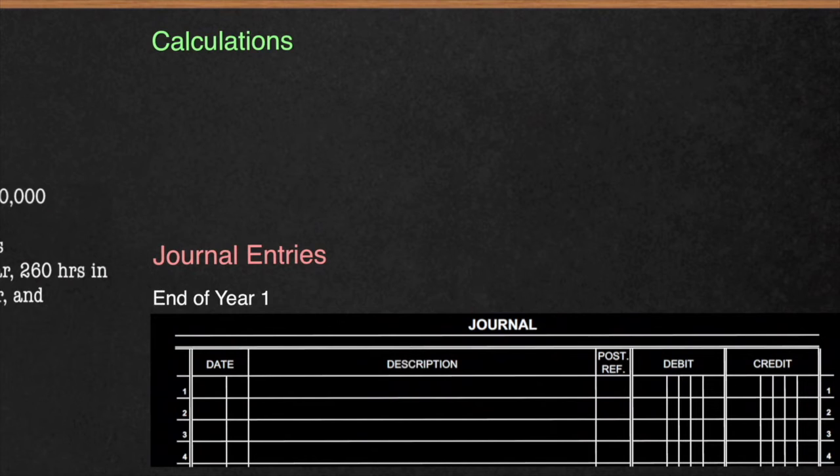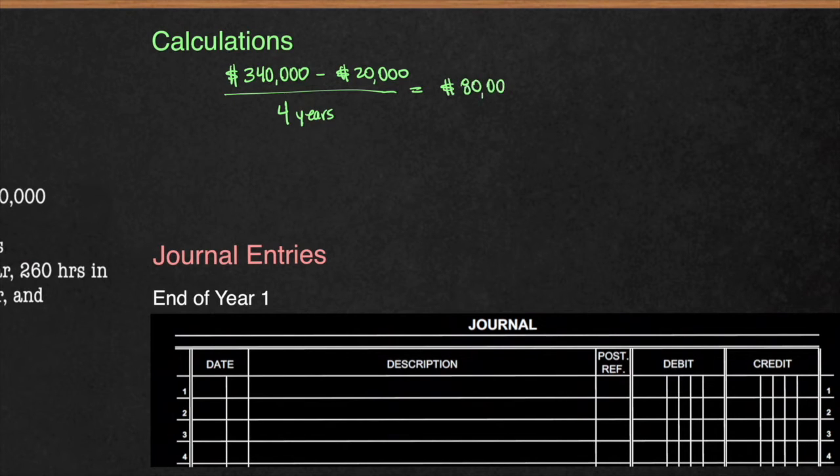So here's our calculation. Let's take the cost. The cost right now is $340,000. The residual value is $20,000, and its useful life is 4 years. 340,000 minus 20,000 is 320,000 divided by 4, which gives you $80,000 per year.